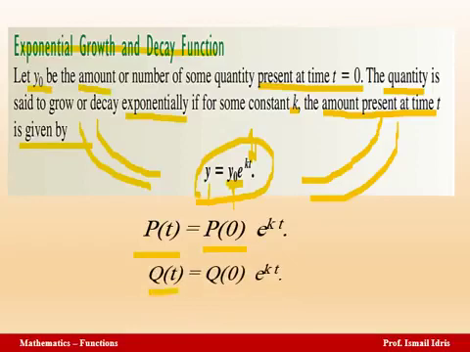So q of t, the quantity at time t, equals q of 0, the quantity at time t equals 0, times e to the power kt. So this is the formula for exponential growth and decay function. We can use any one of these three or any other notation if you want, and that of course depends on the type of problems you are discussing.